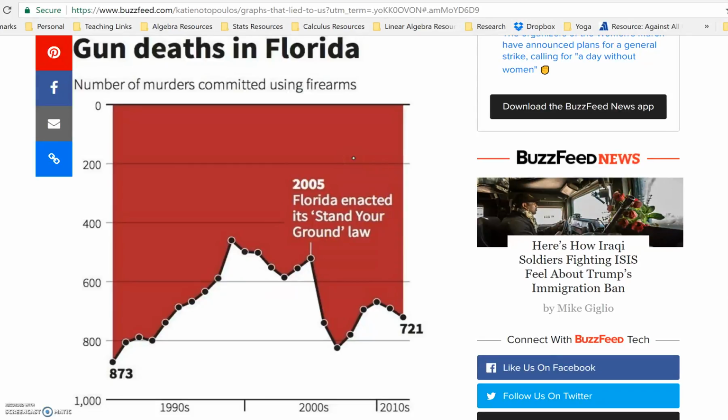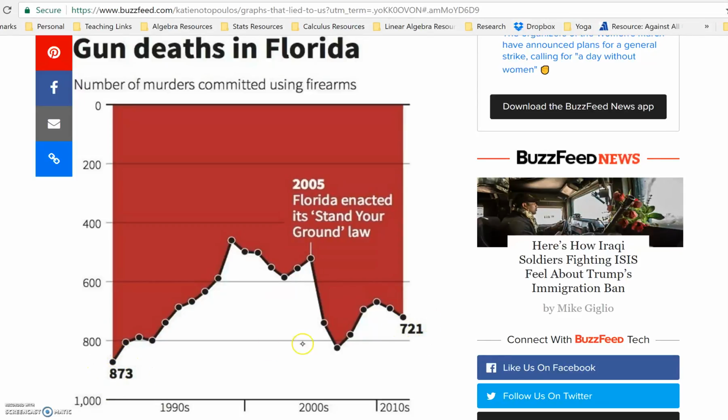At first glance, it appears that the number of murders committed using firearms after 2005, when Florida enacted the Stand Your Ground law, went down. It has a huge dramatic decrease once Florida did that, right? But if we dive into these numbers, back in the 1990s, there were 873 murders.